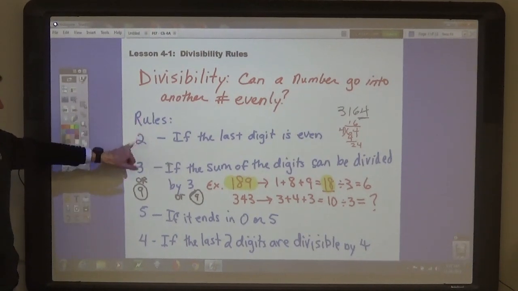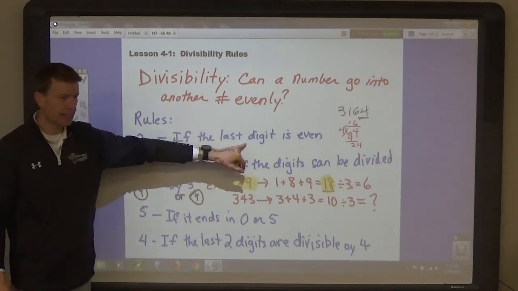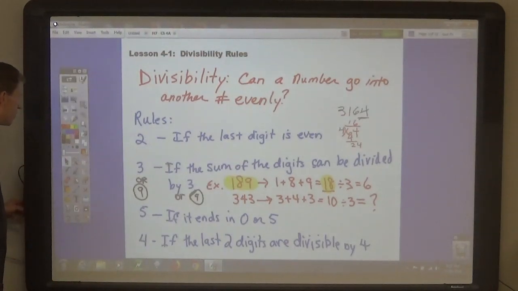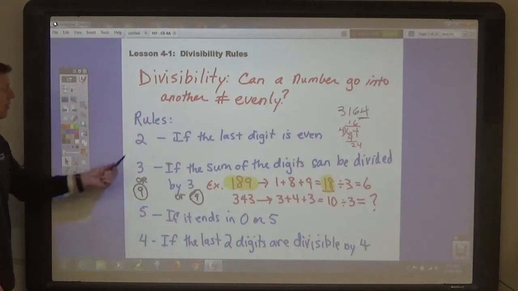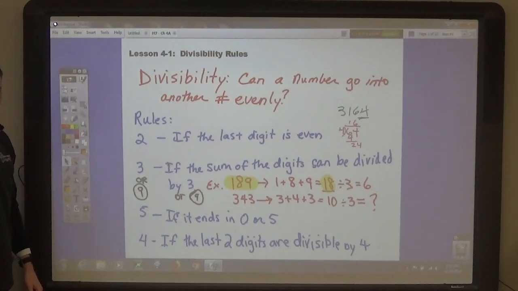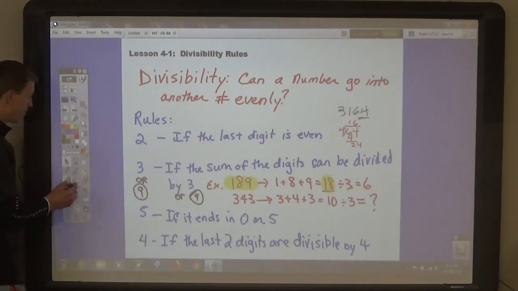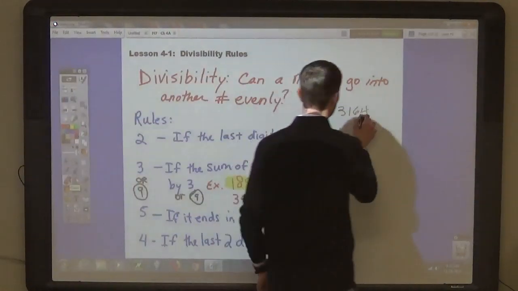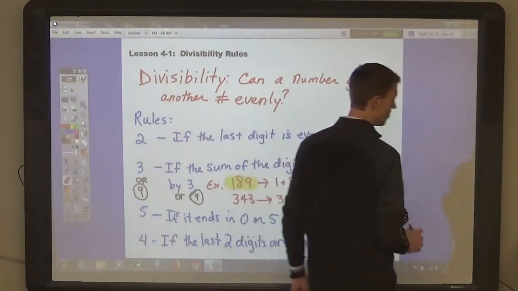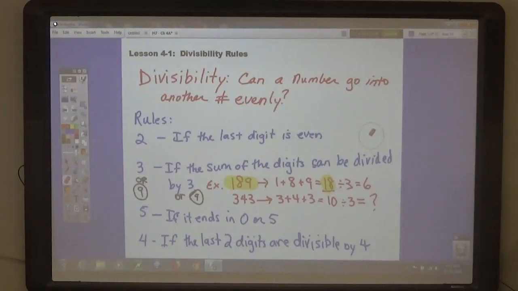The rule for 2: if the last digit is even, so every even number is divisible by 2. How do you know if a number is even? You look at the last number. A multiple of 2 is even.